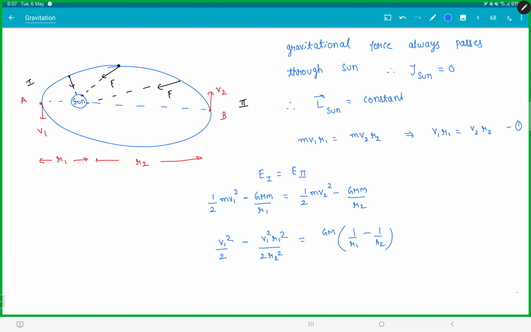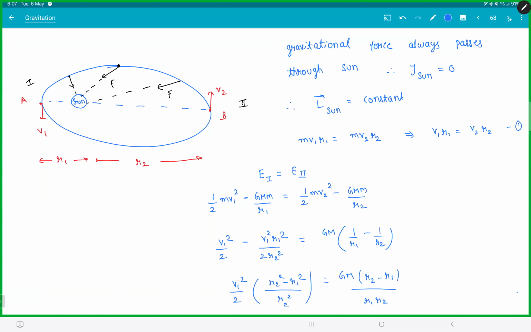Take out v1 square common here. This will be 2GM. Let me write it down for you. So this guy will be (r2 square minus r1 square) by r2 square. This will be GM into (r2 minus r1) by r1 r2. There, so r2 r1 will cancel off, r2 minus r1 will cancel off, one r2 will cancel off.